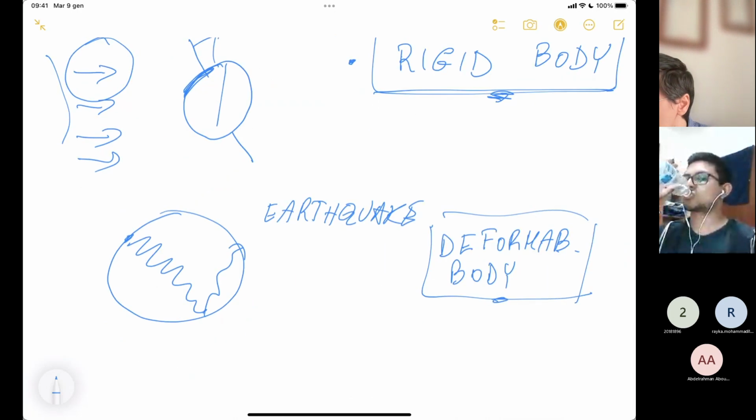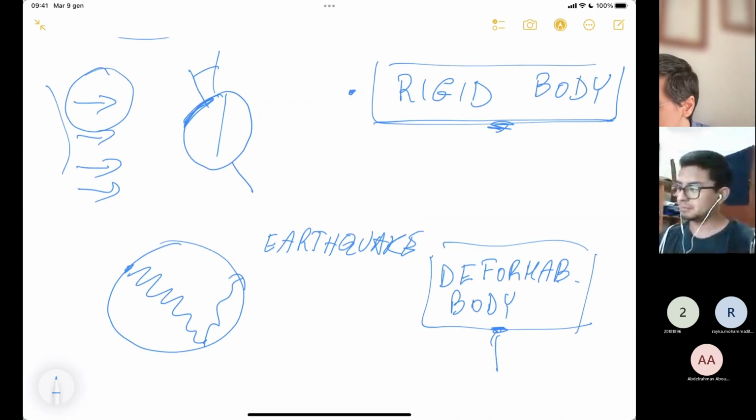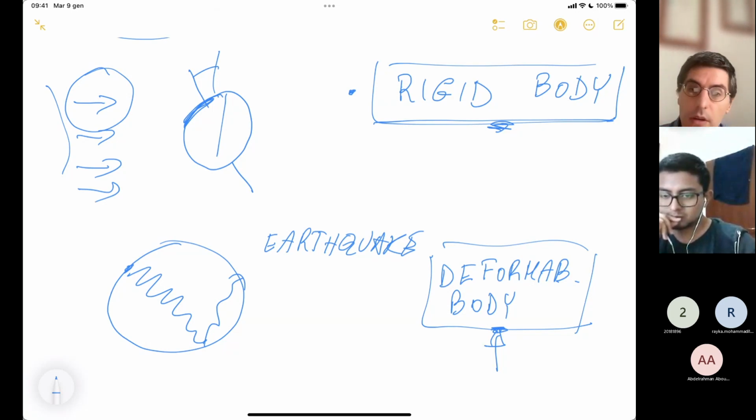This model is much more complicated than a rigid body because it can model the same things that a rigid body does, but also something else: the deformation, the fact that you can have some wave propagation inside the body. So you can study what happens to the Earth during an earthquake.